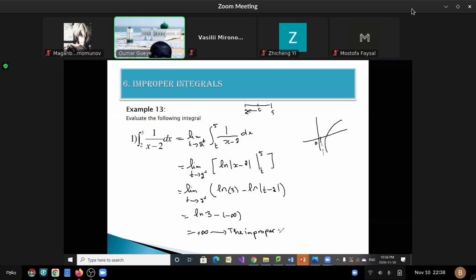Now the improper integral is divergent because we have infinity as its value.